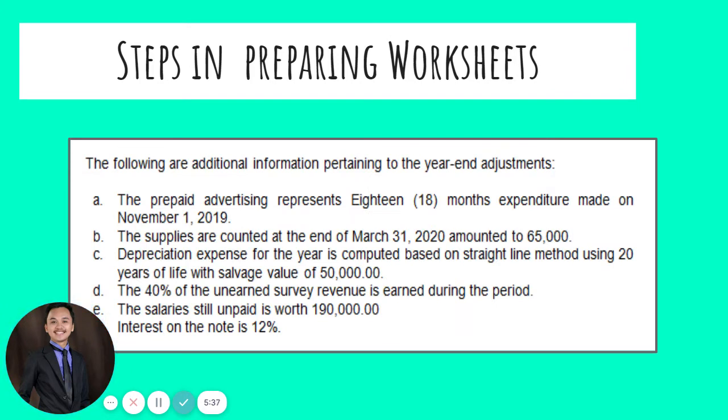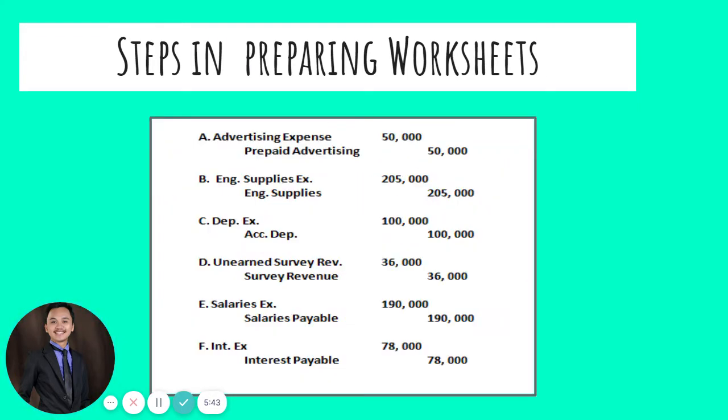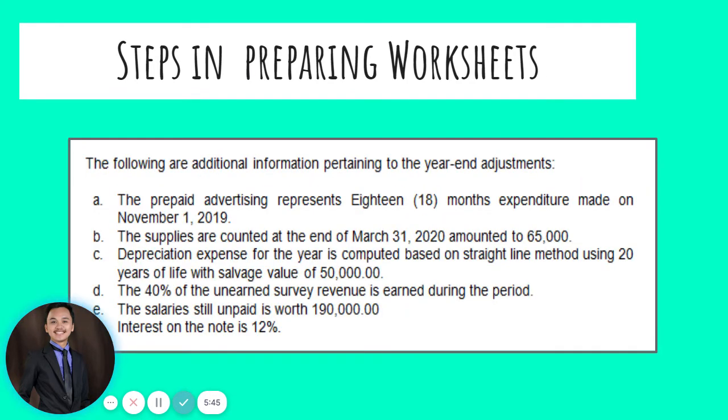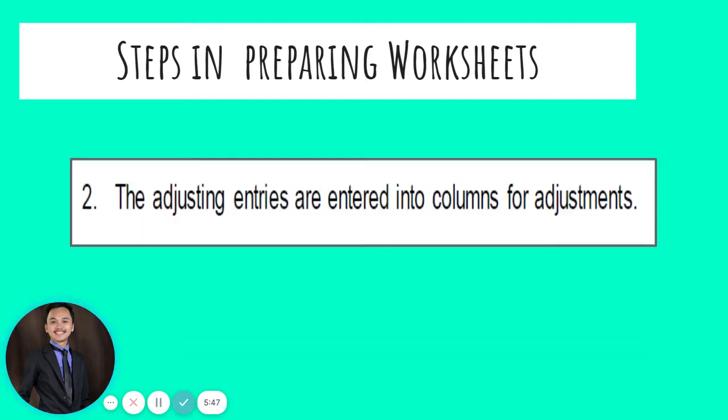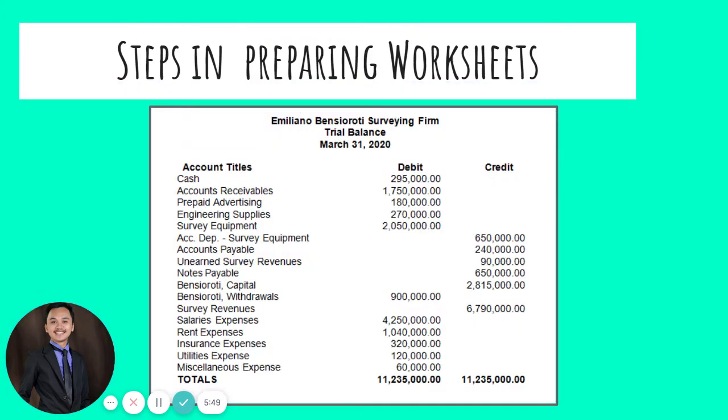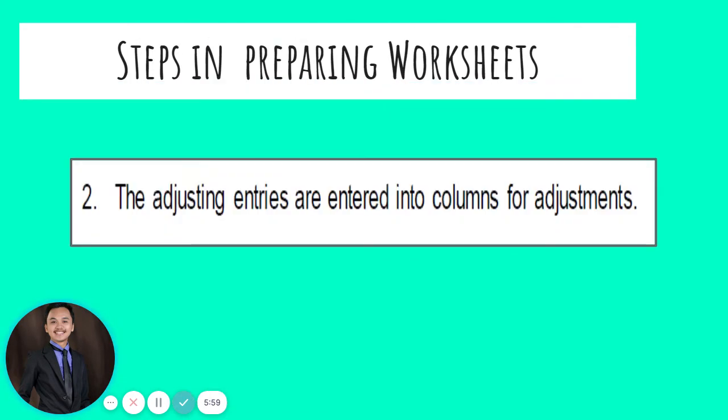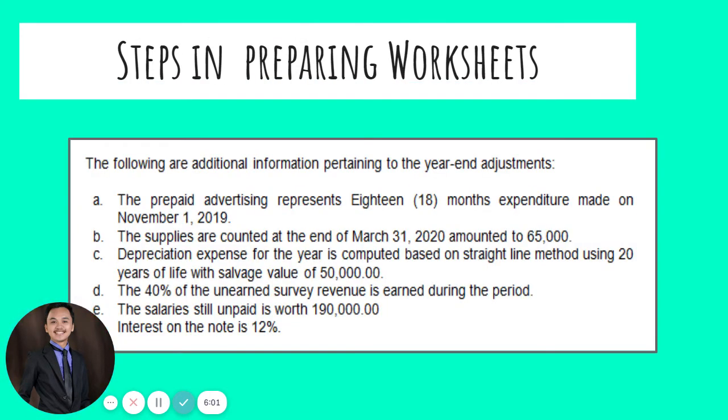And letter B, the supplies are counted at the end of. By the way, if you ask where we got that 50,000, let's go back to our trial balance. We have here our prepaid advertising of 180,000, which is good for 18 months.